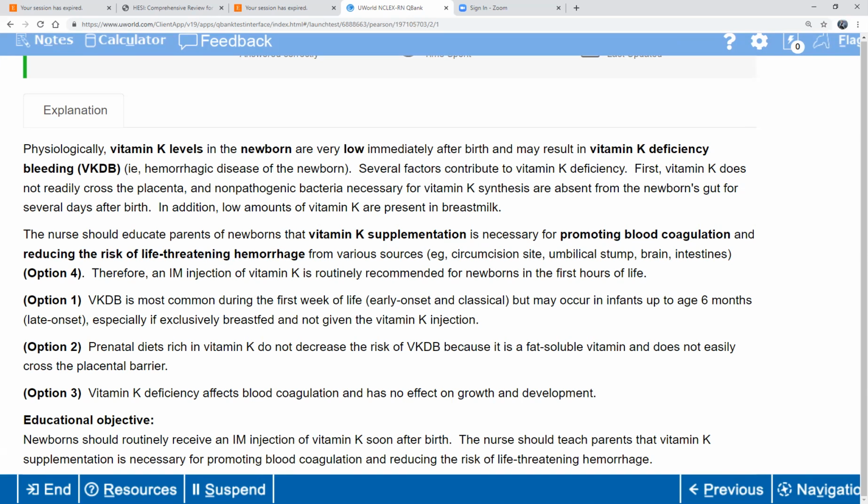Because it's an antidote for Coumadin. So that's why we ask people about green leafy vegetables. It's not that they can't have them when they're on Coumadin. They can have them, but we want to know that they're eating the same amount every week, because if they increase or decrease the amount, then it's going to change how much Coumadin we have to give them, because it's going to change their coagulation factors.